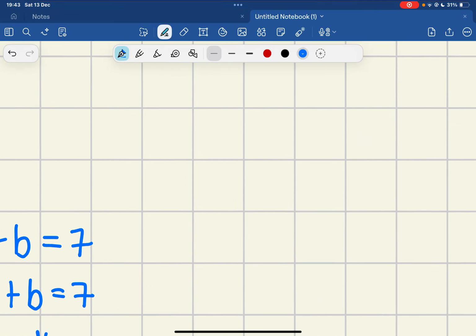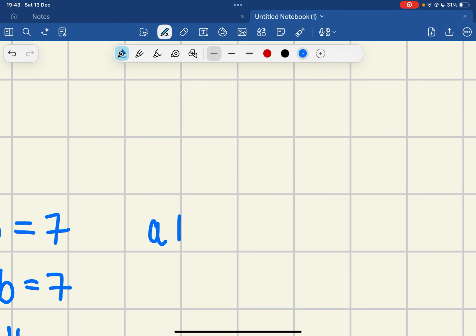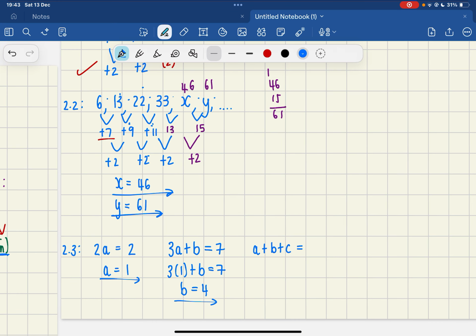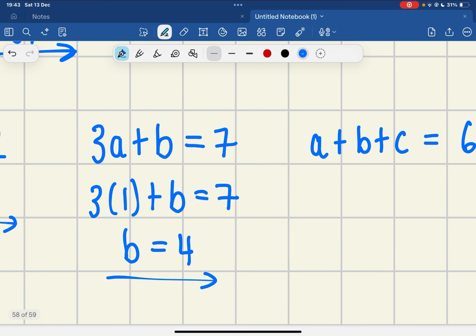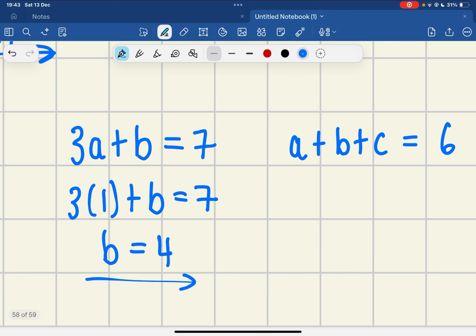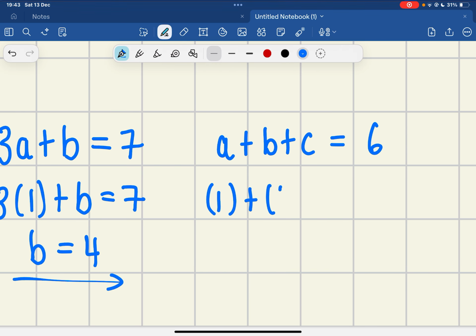Now let's solve for c quickly. Our third step, as I taught you guys, is a plus b plus c is equal to 6, which is the first term. We have our a, which is 1, we have our b, which is 4, plus c is equal to 6.